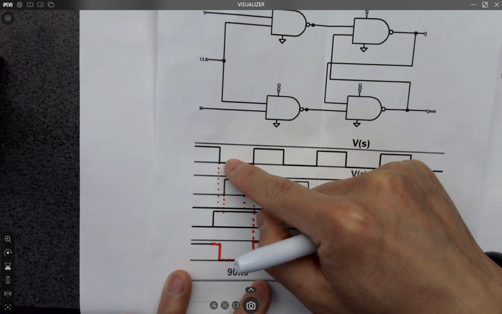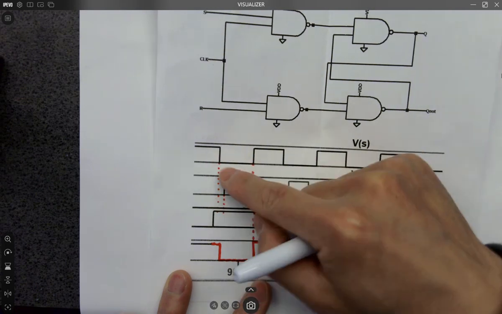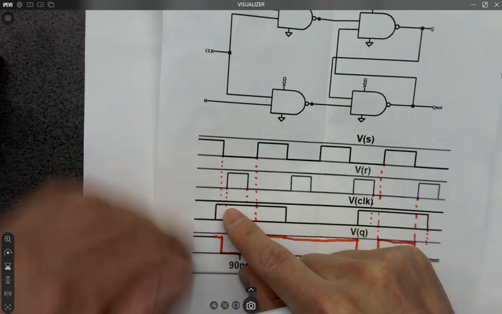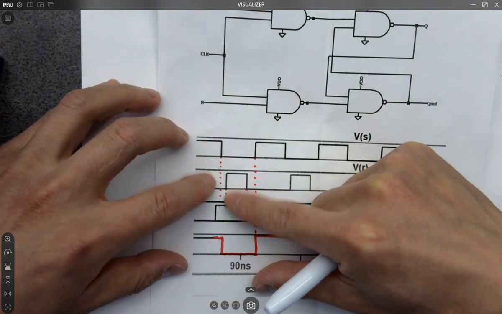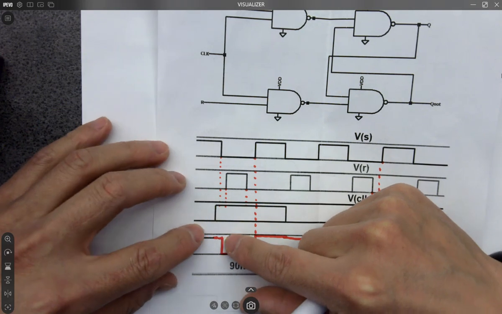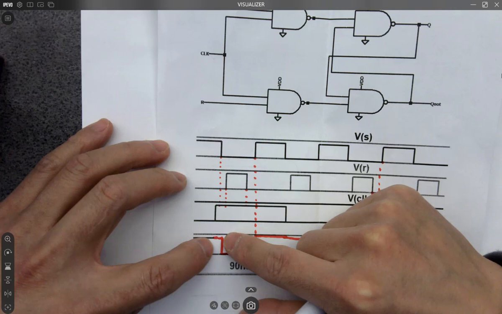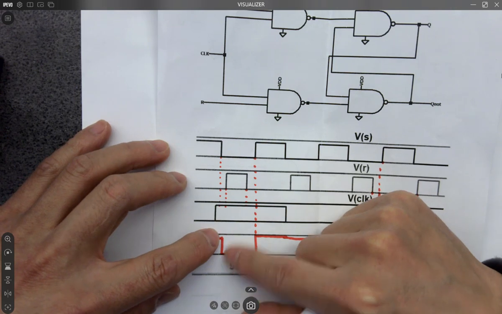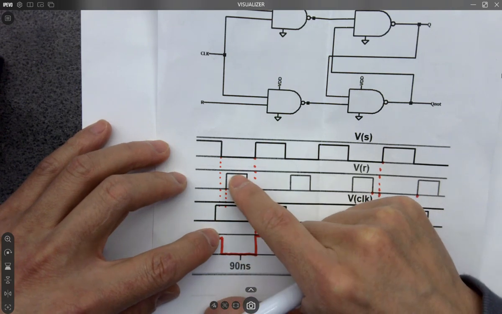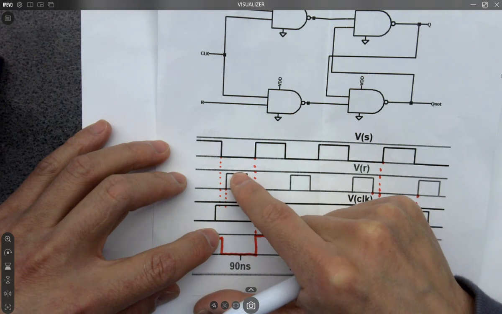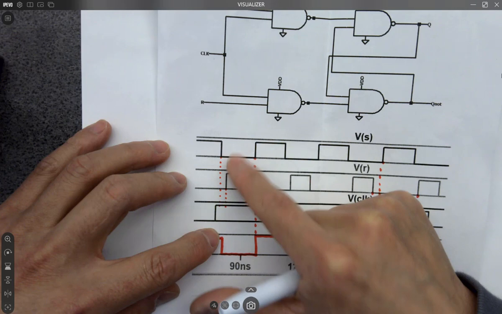So the memory is going to memorize the previous state. That is why you want to label these two parts, draw a line here, extend this one a little bit to this right hand side, to this edge, and then draw a falling edge, because clock is enabled and your R signal is on, so it's resetting your signal.